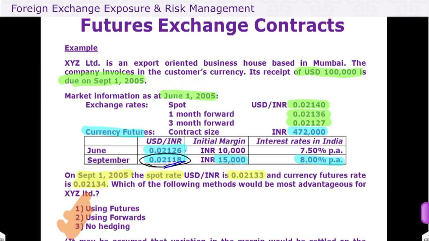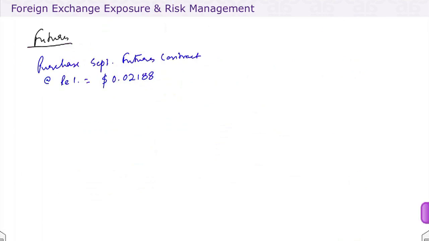What would happen in this case? You need a lakh of USD at 0.2188 rupees. So how many rupees would this come to?